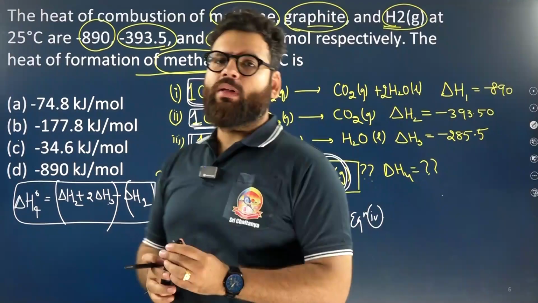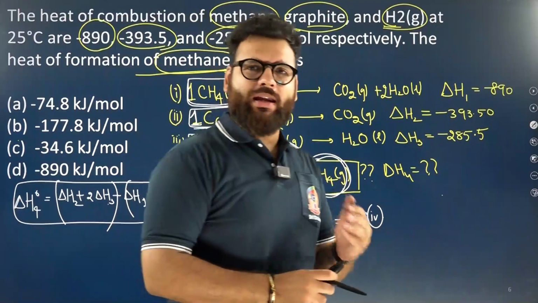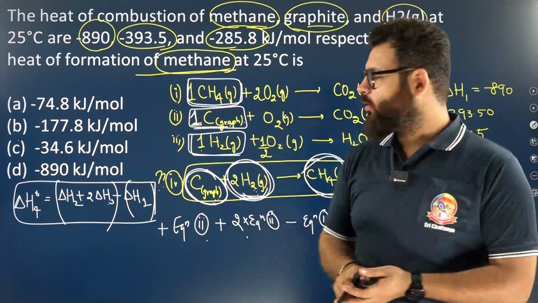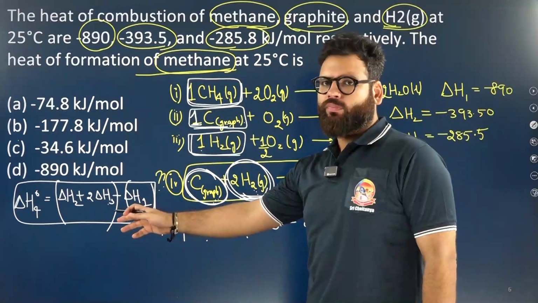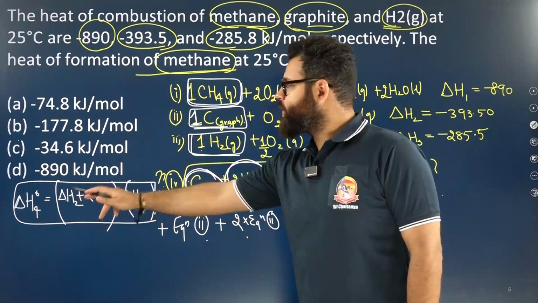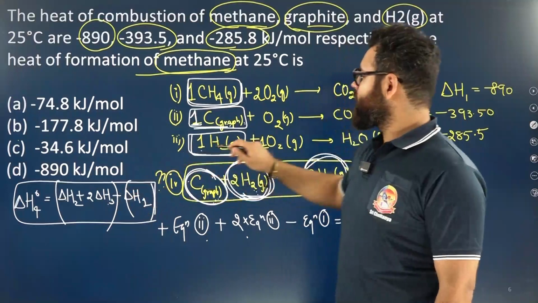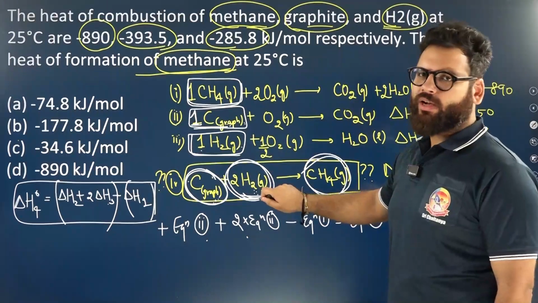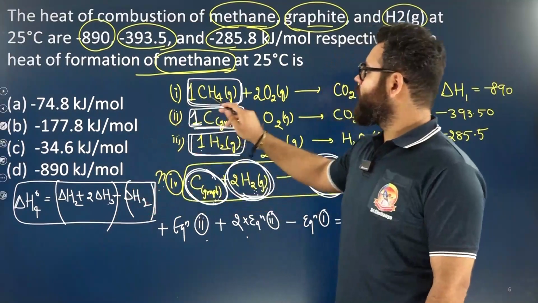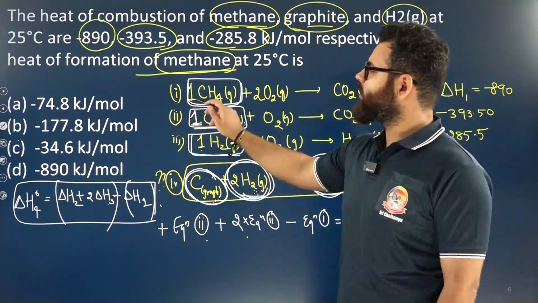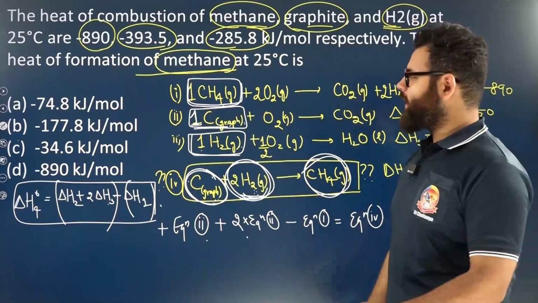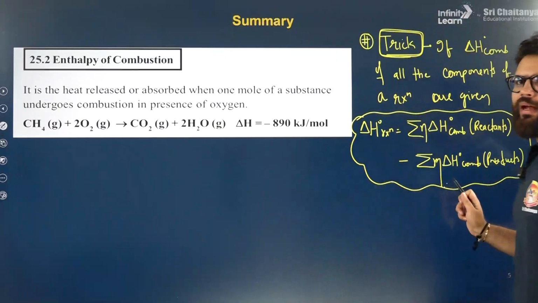The formula will become combustions of reactant minus combustions of product. Automatically it became like that, no? Yes or no? H2 is nothing but graphite, which is here. 2 times H3, which is nothing but combustion of hydrogen, minus 1 time H1, which is combustion of methane. So you can directly remember this formula and solve the question.